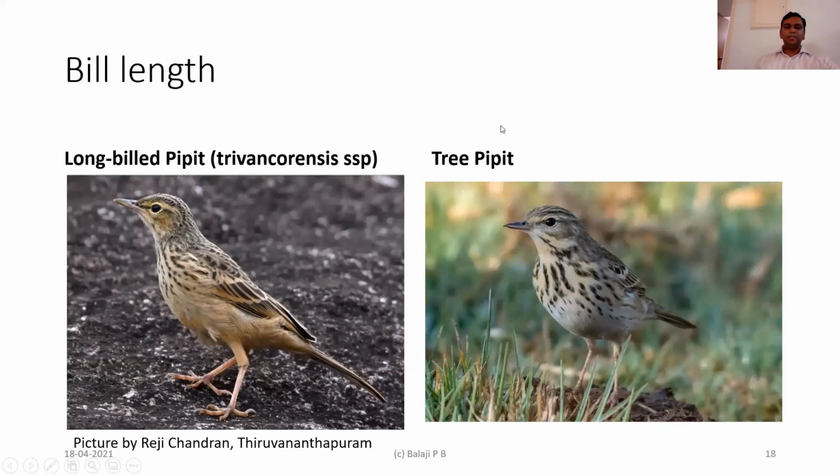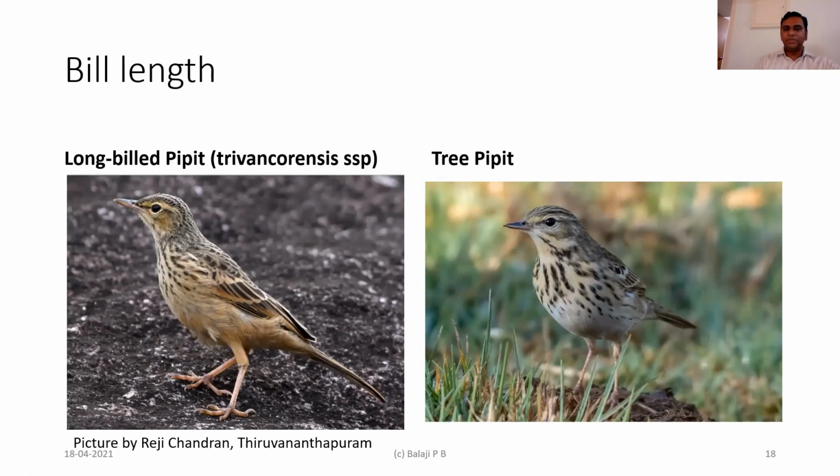Okay, and the bill length. So bill length, if you see a pipit at high elevation, let's say 1,500 meters, which has a very slightly longer bill when compared to a typical pipit, you can be very sure that it's a long-billed pipit.